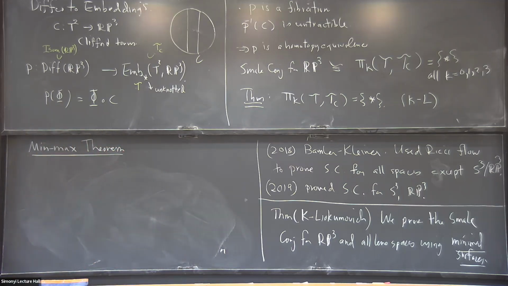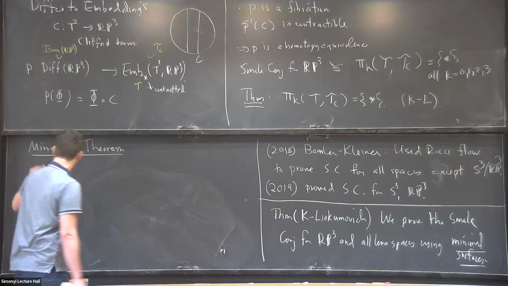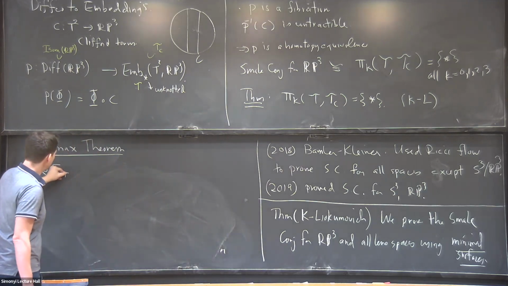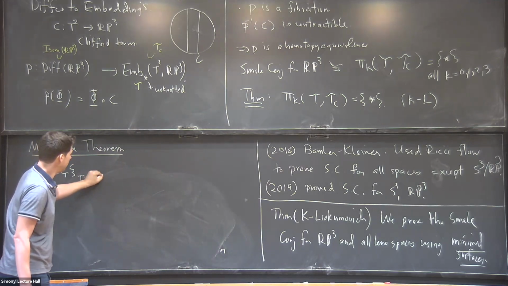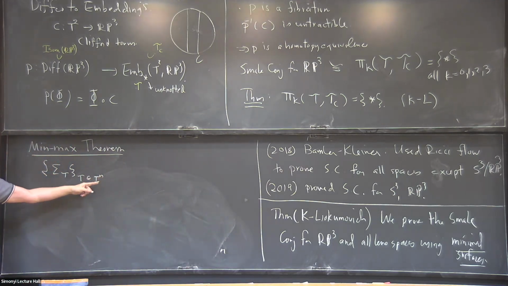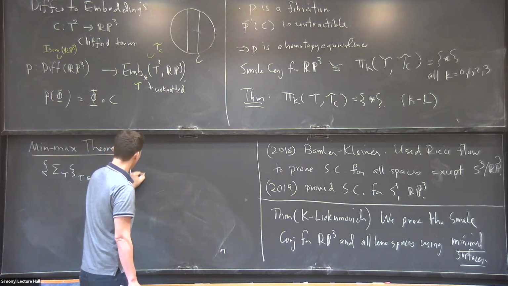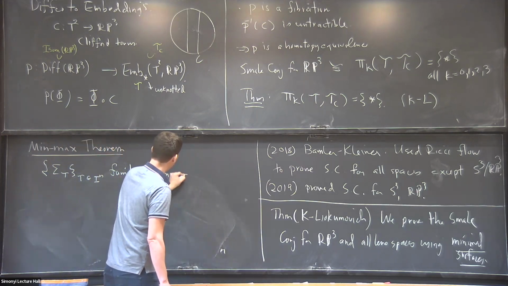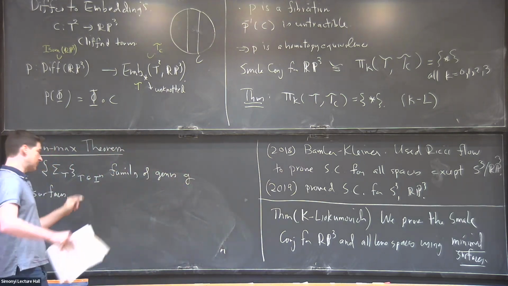Okay, so what is the setup? Well, we have to deal with high parameter families of tori. So suppose I have a family of surfaces that's parametrized by just some n-dimensional box. This is the family of genus g surfaces, and they're varying smoothly.